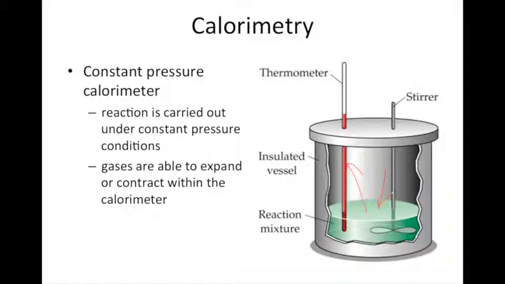In other words, this lid is generally very loose, so the gases can expand and push outward, and therefore they can do work. Again, we'll talk about this more as we go along, but it's important to appreciate that constant pressure calorimeters allow the gases to expand or contract, and therefore they can push out or in, and work can be done.